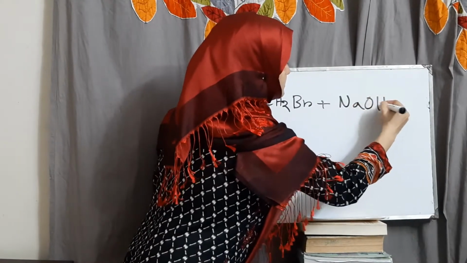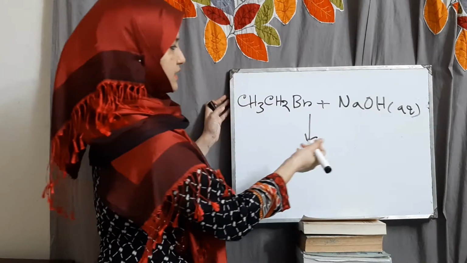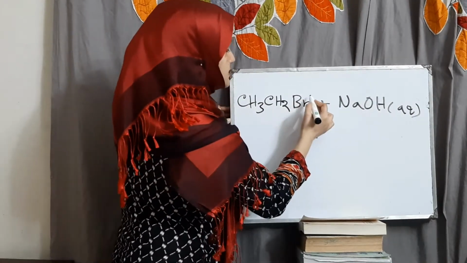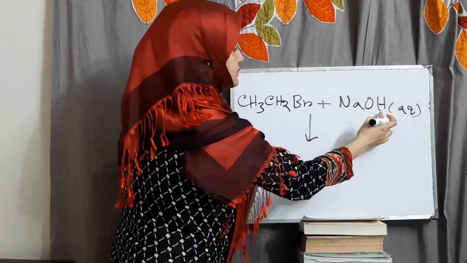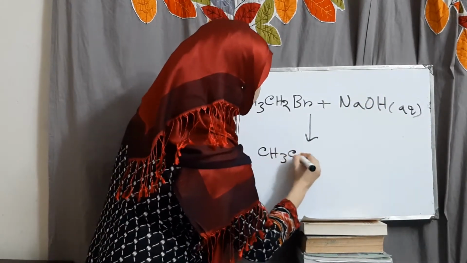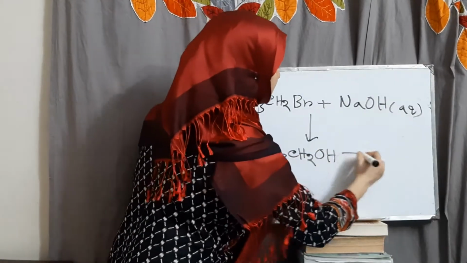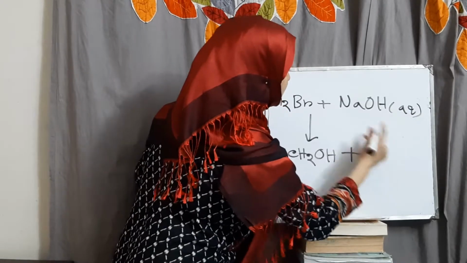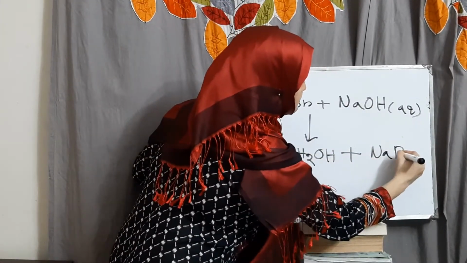Then this is a displacement reaction, bromide displaced by OH, and the product is CH3CH2OH, alcohol, ethanol, ethyl alcohol, and sodium goes with bromine as sodium bromide.